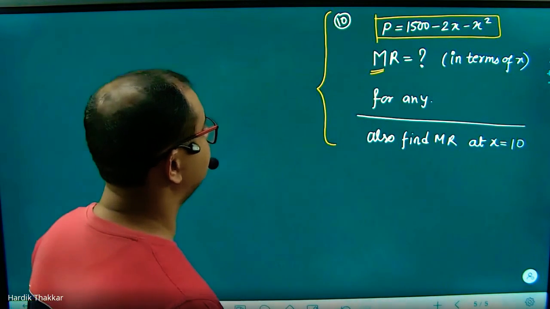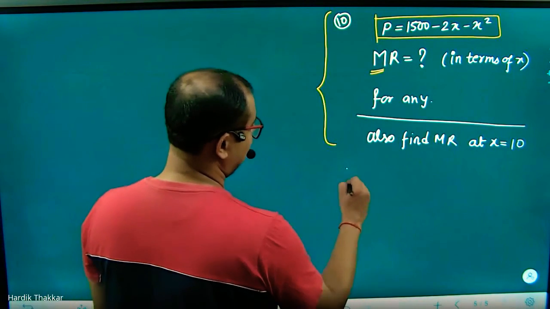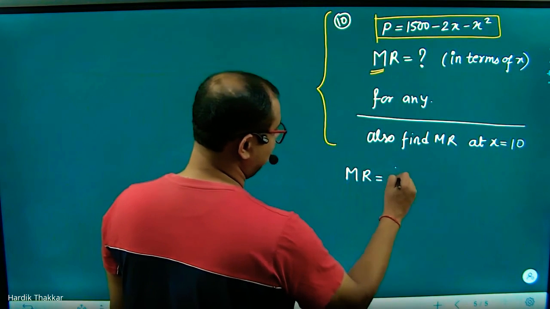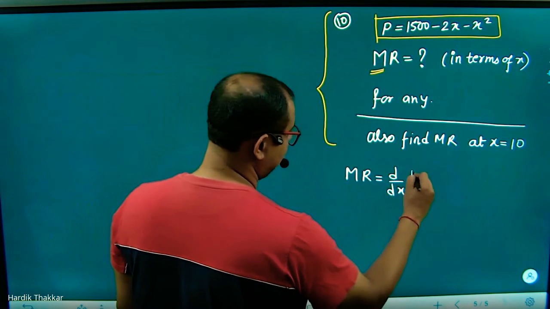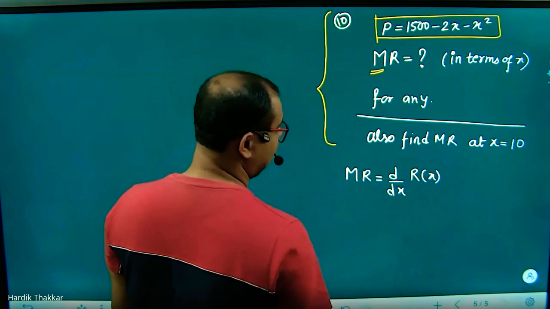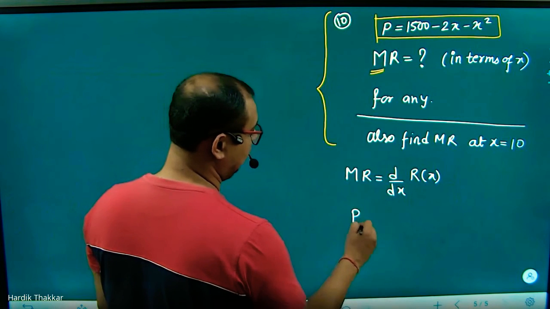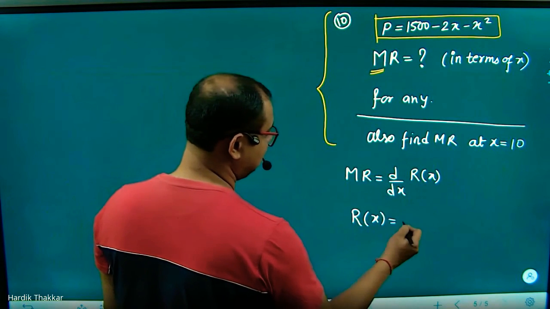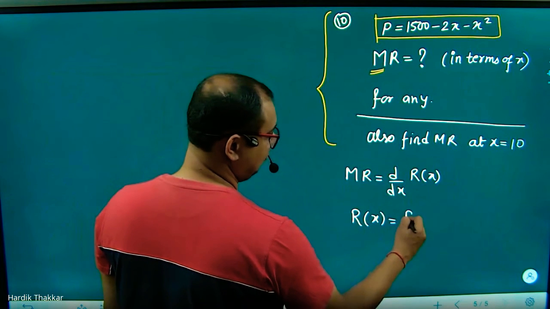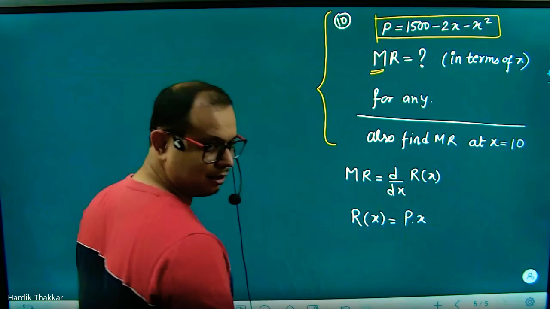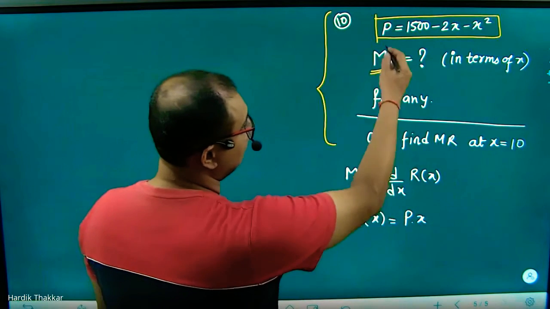Okay. So the MR is equal to d by dx of revenue function, that is R of x. And just recall how we calculate R of x. R of x is equal to P into x. So here P is given.